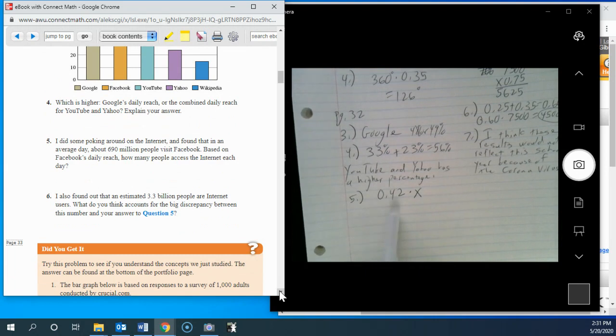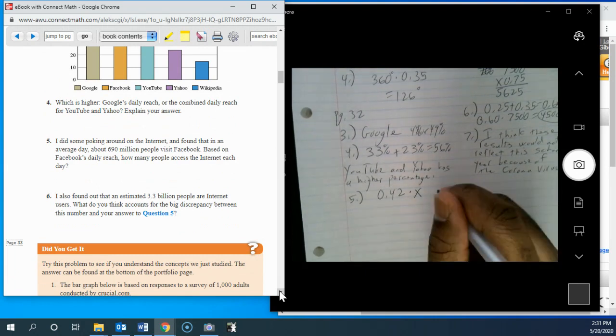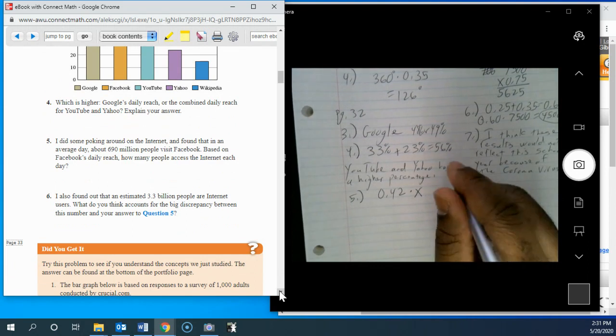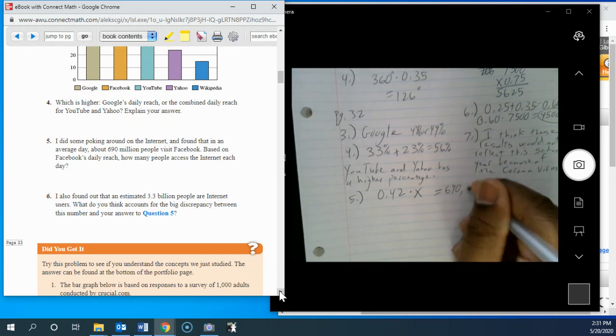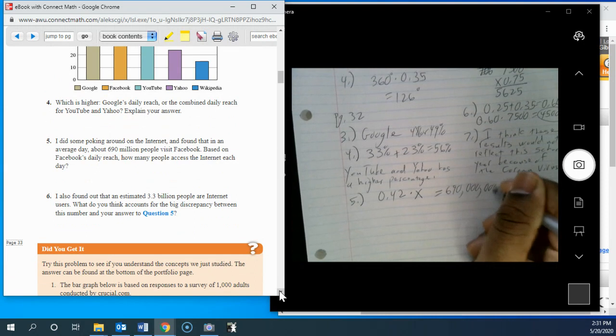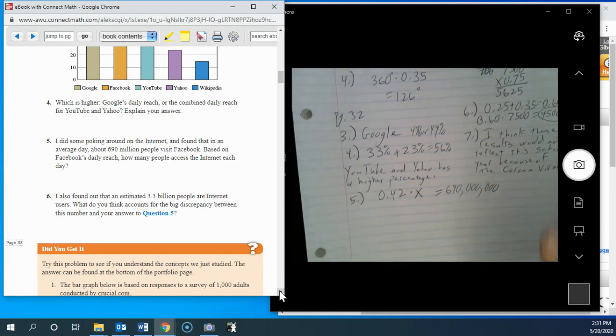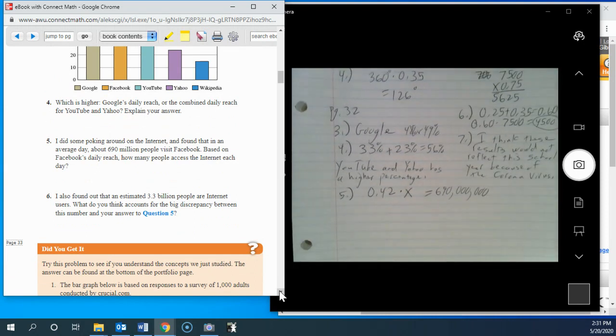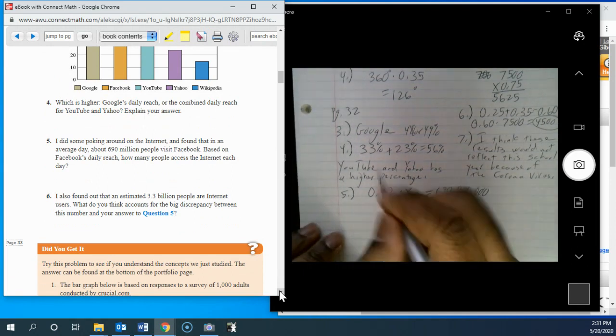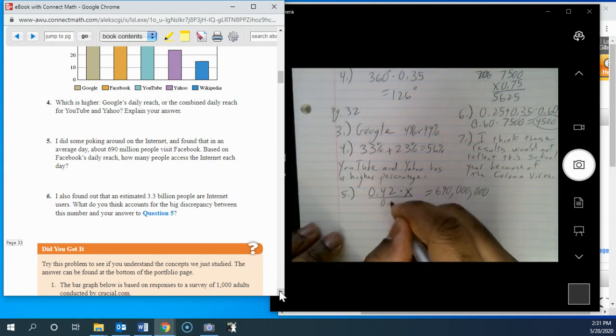So it'd be 42% of how many access the internet each day would give us this 690 million. Because remember, Facebook is 42% of the total daily reach of the internet, or total people signing into the internet. So we would divide each side by 0.42.